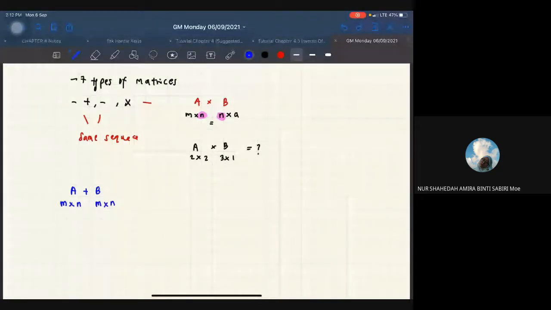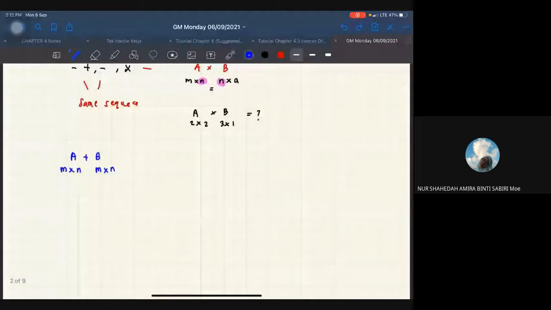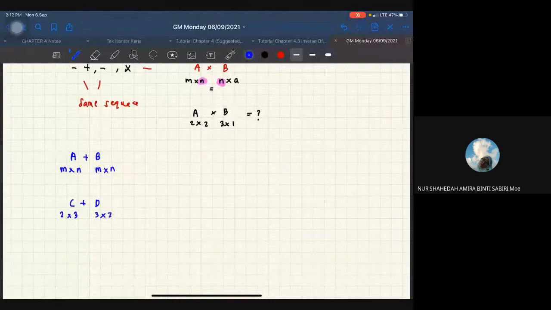tambahkan saja. Okay, so contohlah kalau awak ada matrix C plus matrix D, tapi awak punya number of rows and column is this one, let's say we have 2 by 3, and then another one we have 3 by 2. Okay, so this one boleh tak nak tambahkan dia? Boleh ke tak boleh?